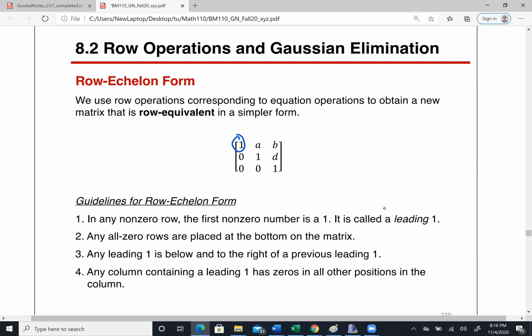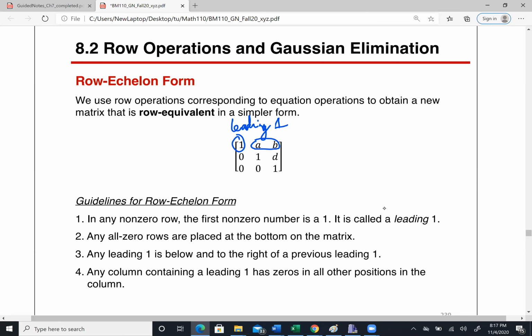You see the first row in here, A and B, because they are non-zero numbers, the first number has to be number one, and it's called leading number one. So this guy is leading one. And then any all zero rows are placed at the bottom on the matrix.